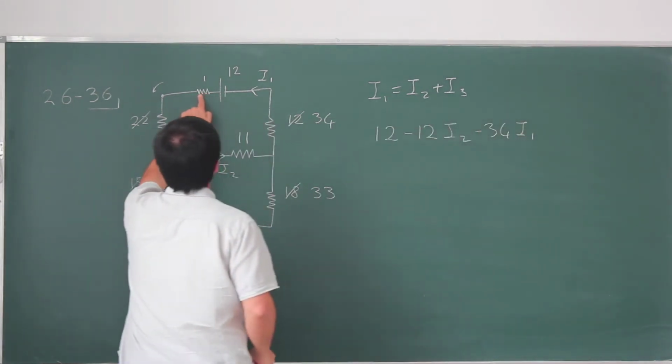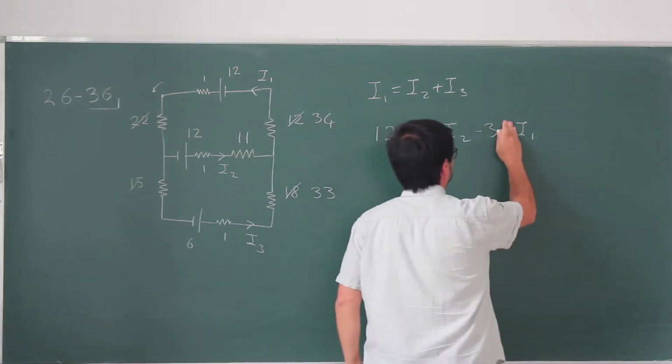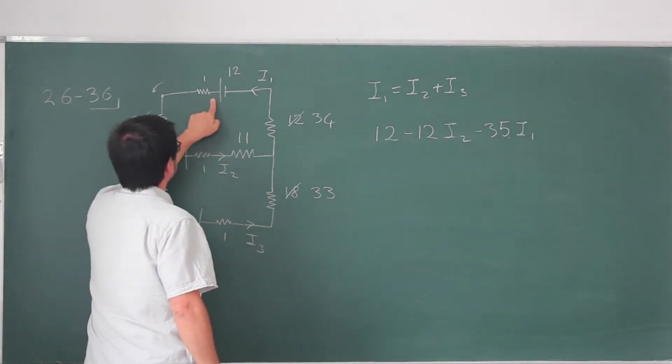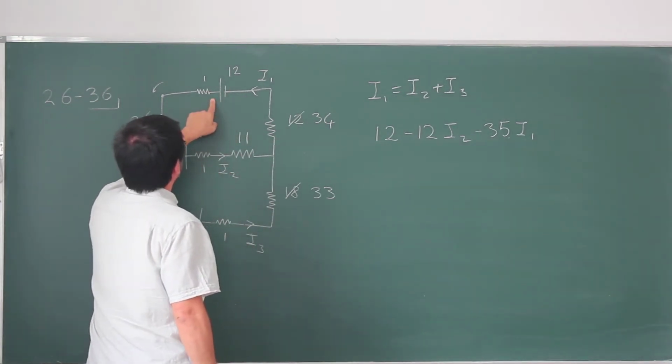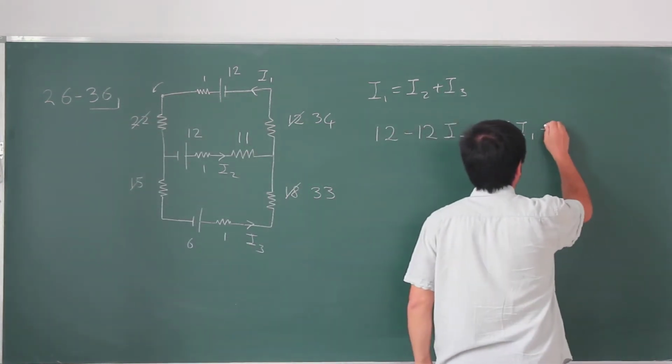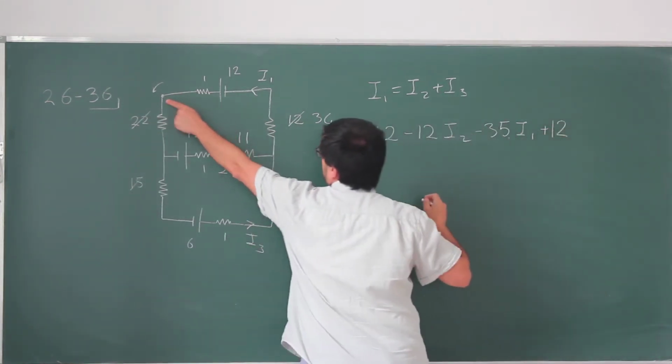In fact, there's another one over here, so I might as well make it 35. And then I go over this battery, from the negative terminal to the positive terminal. That's a positive change, plus 12, and I arrive at my beginning point.